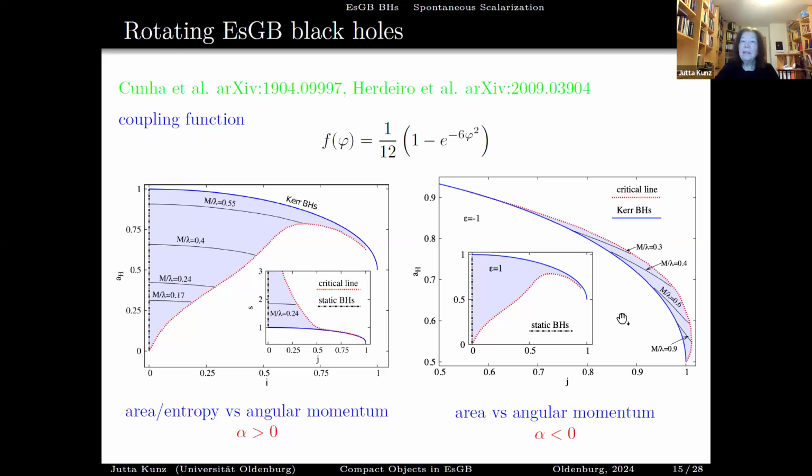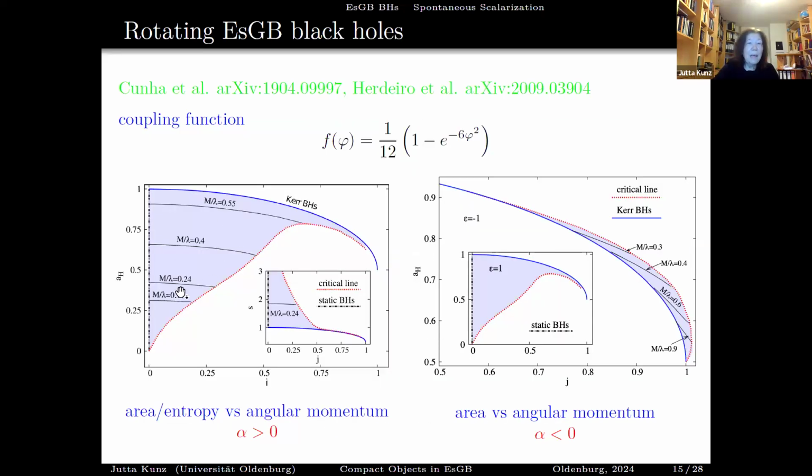But on the other hand, here we now get also spin-induced rotating black holes, and they start at J equal to 0.5, and then you have this family of solutions.